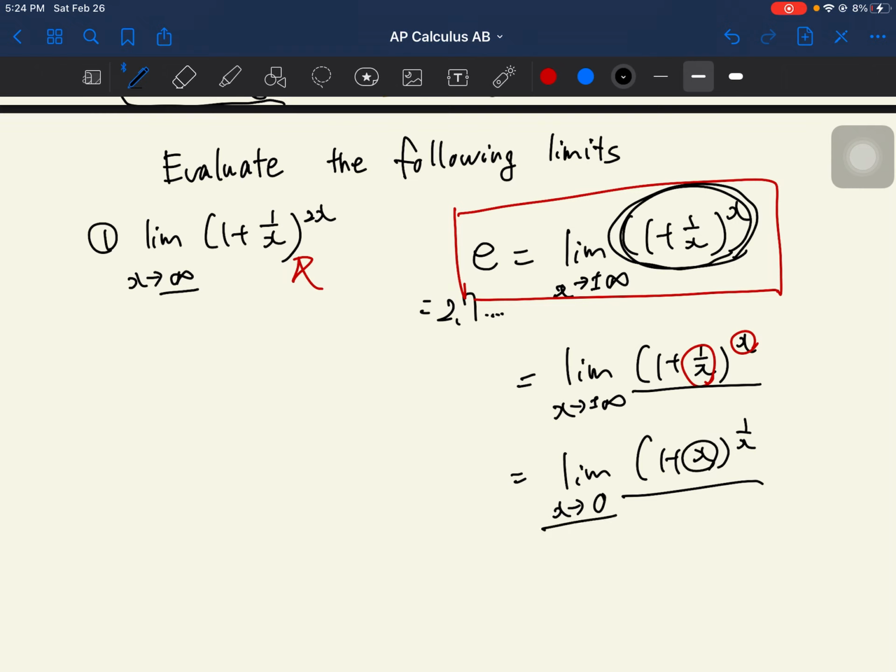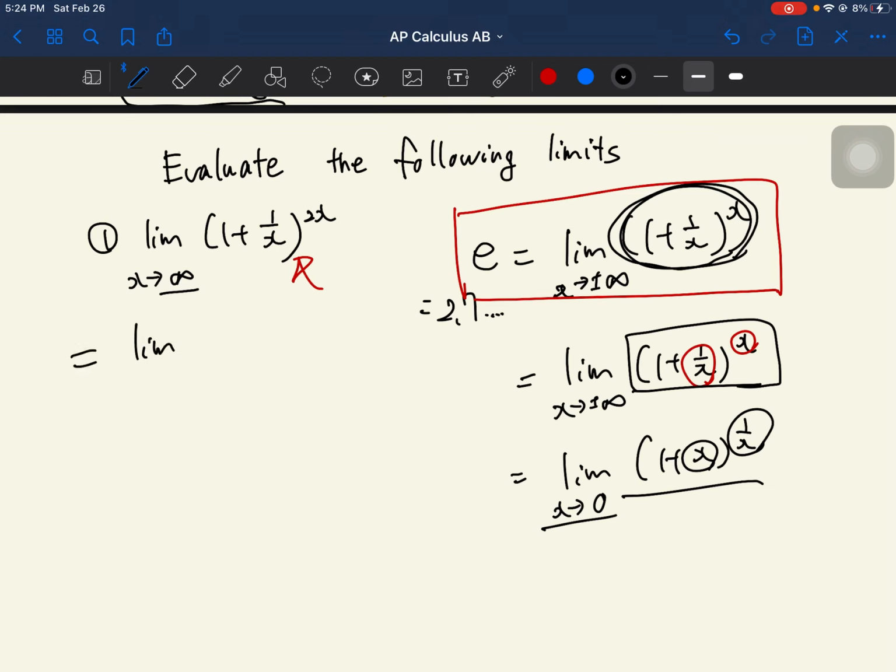This one is really close to 0 as x approaches 0, and this one is going to be infinity. So these are saying the same thing. What you have to do is to find this form.